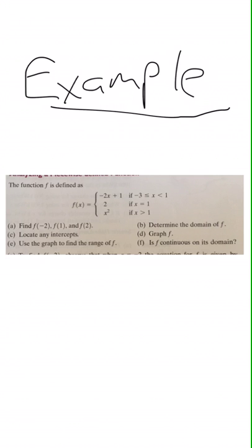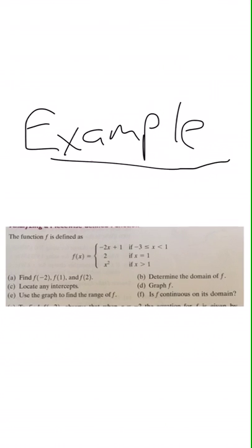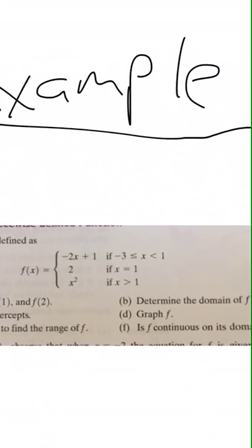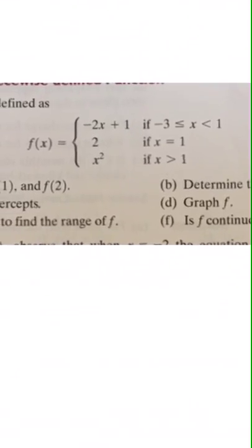It says the function f is defined as f of x equal to negative 2x plus 1 on the interval negative 3 is less than or equal to x is less than 1. And it's equal to 2 when x is equal to 1. And when x is greater than 1, f of x is equal to x squared. See how for different parts of the domain it's defined by different equations? That's what a piecewise defined function is.